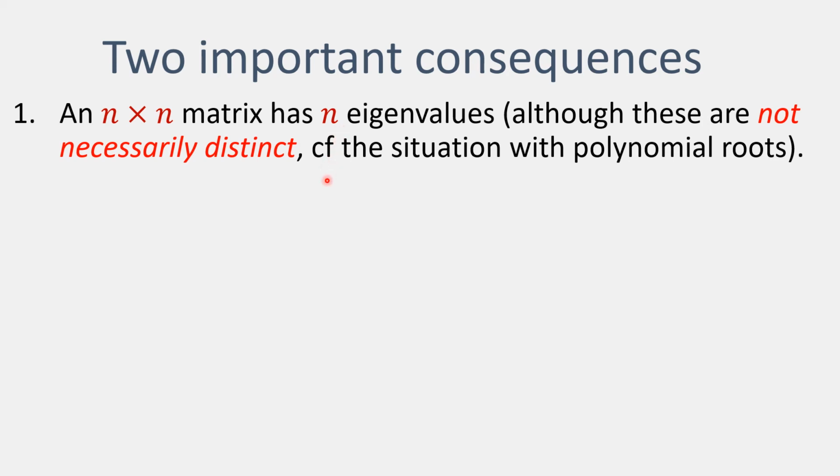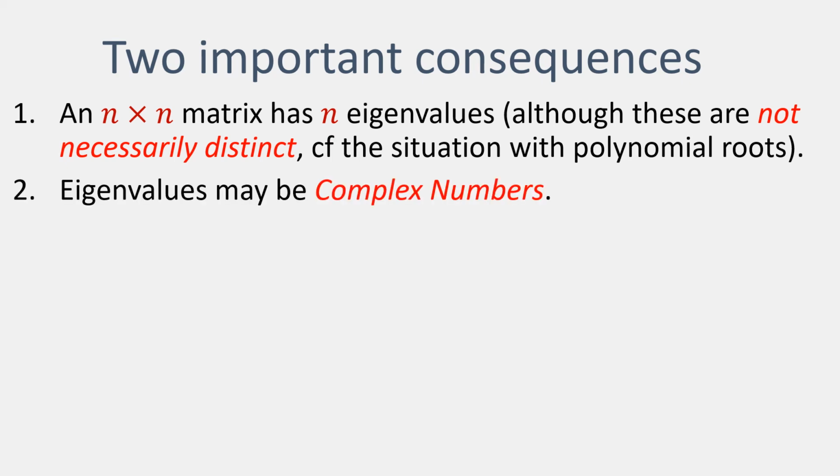And since we can phrase the eigenvalue problem in terms of examining a polynomial of degree n, that means any n by n matrix has exactly n eigenvalues. The other consequence: we saw that there are some polynomials which have roots which are not real numbers, whose roots are complex numbers.